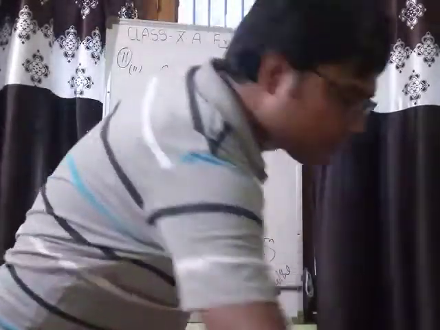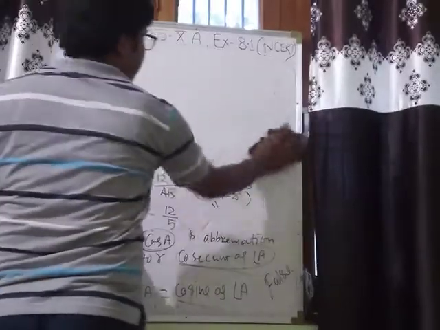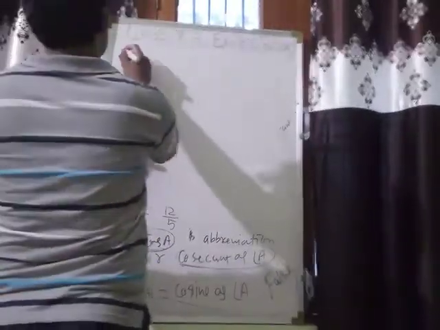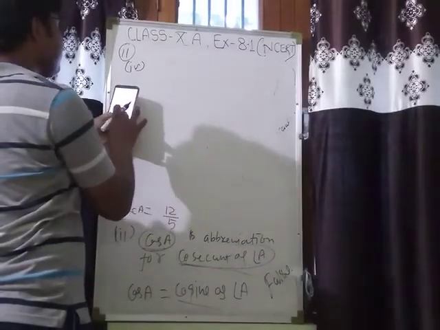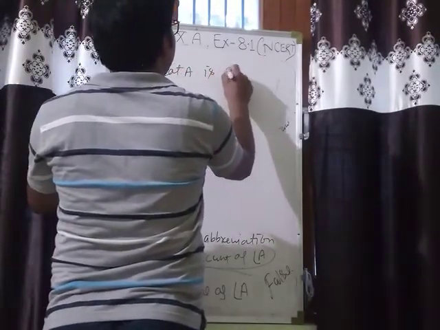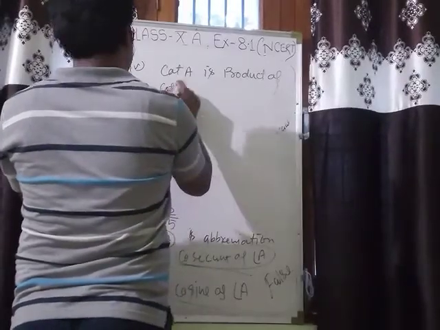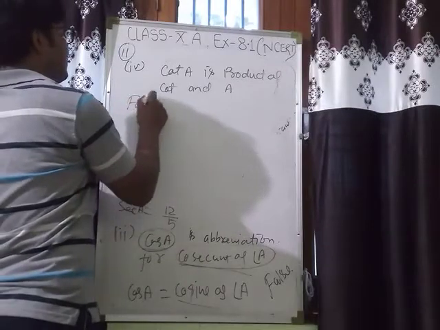Fourth one, its fourth part is: cot A is the product of cot and A. That is wrong, false.